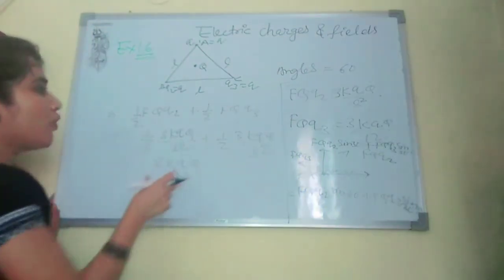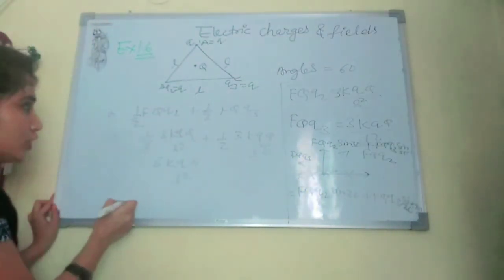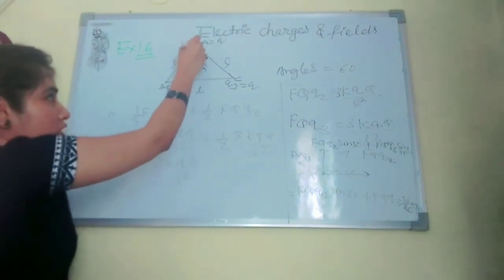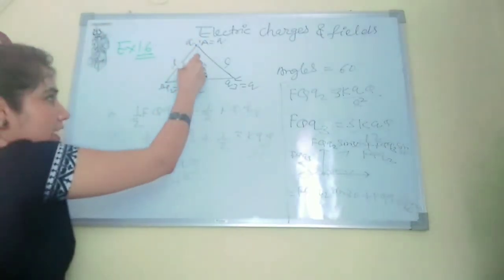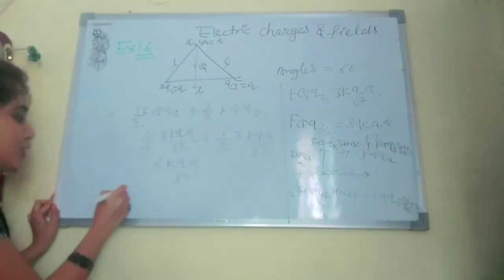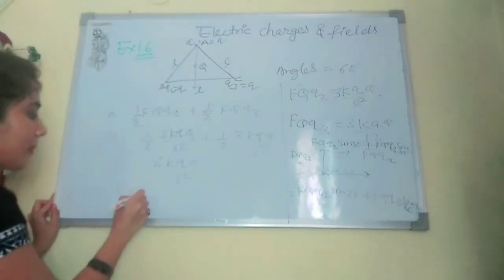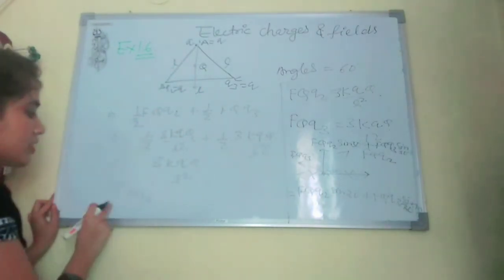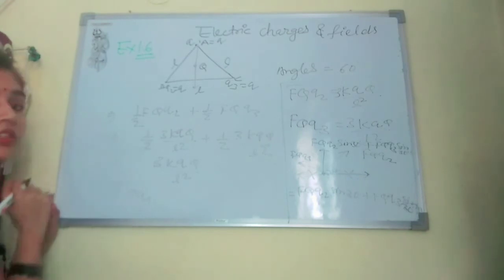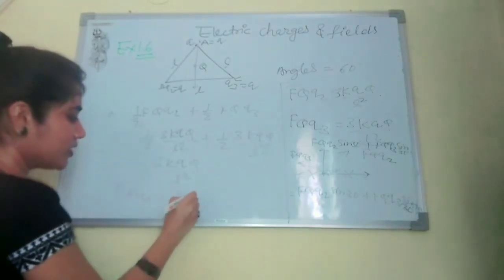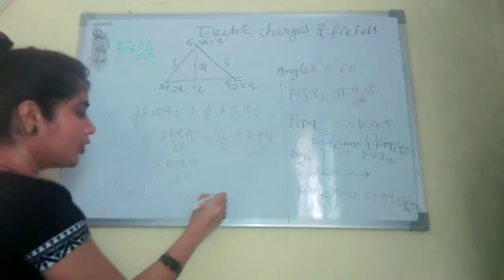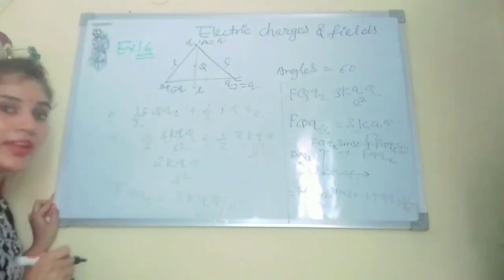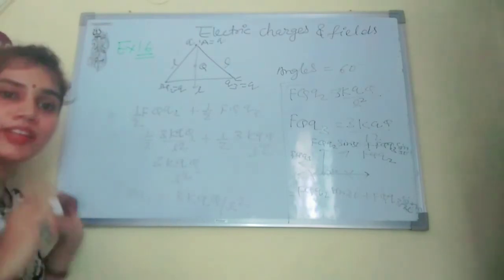And this is the force because of this point, which was extended. So the force on capital Q because of q1 was 3kq upon L square. So both forces are equal and applying in different directions.